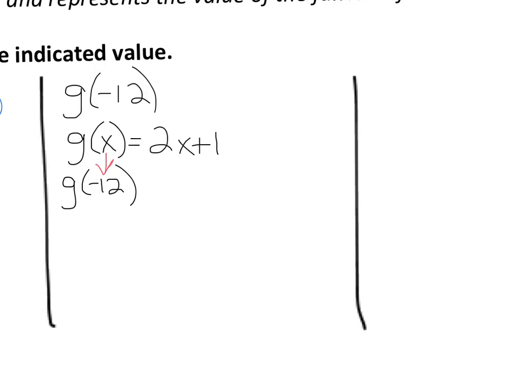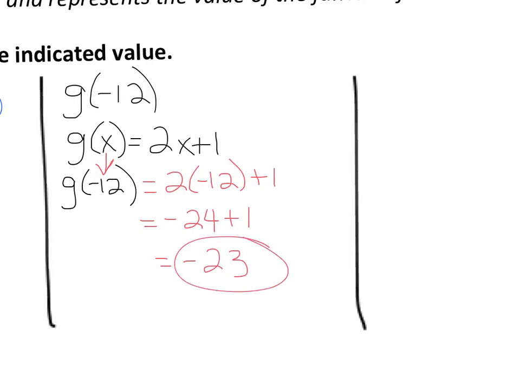It's almost exactly like the first equation, except it's just in a condensed form. The value of g of negative 12 is the value of g when x is negative 12. So to find g of negative 12, I'm going to plug negative 12 in for x. And when you solve that, we get negative 24 plus 1. So g of negative 12 is negative 23.